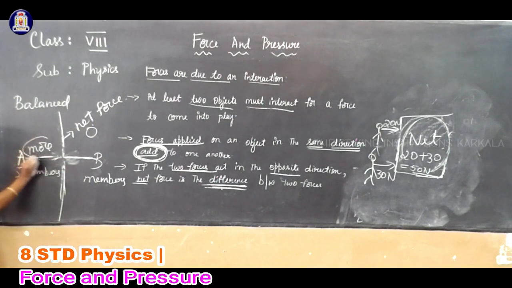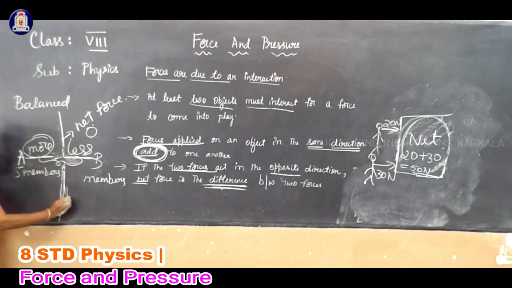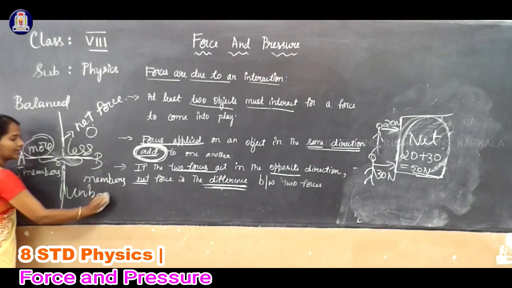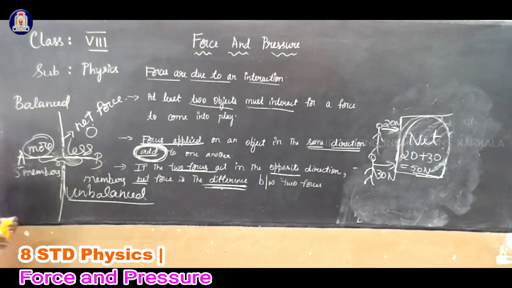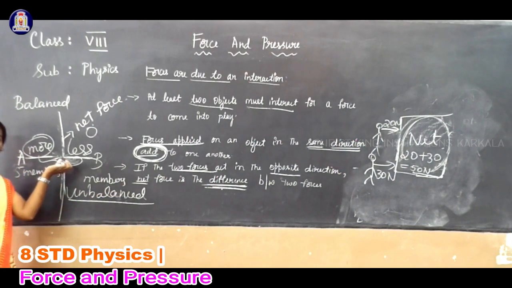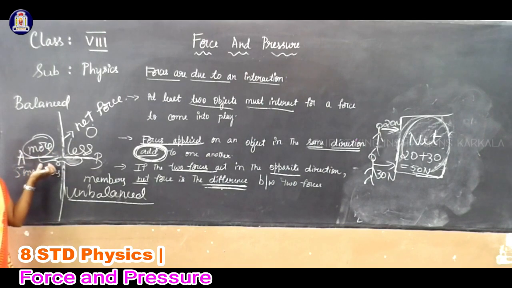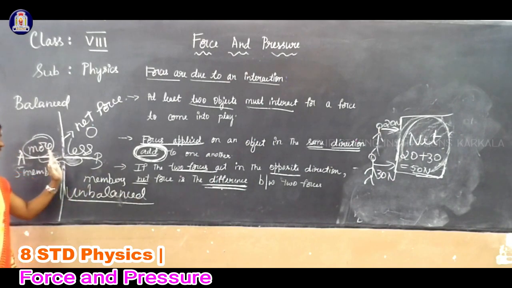Because here there is more force and there less force. So the forces are not balanced, the forces are unbalanced. If the forces are unbalanced, the rope starts moving in the direction where we apply more force. So when the forces are unbalanced, we can see the effect of force.